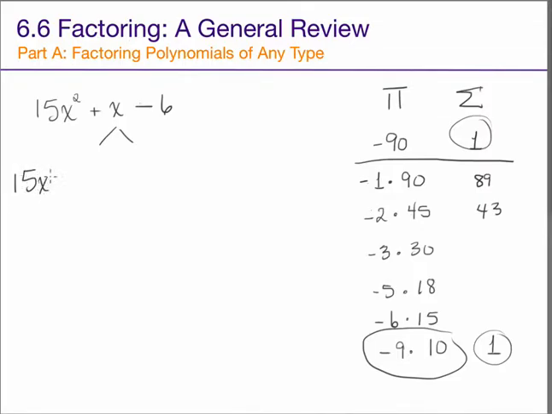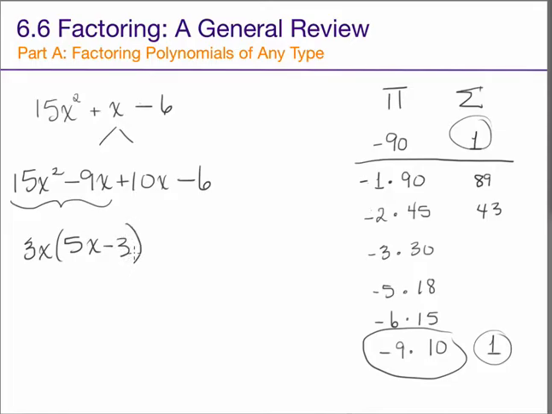Rewriting my expression, but rewriting the middle term as minus 9x plus 10x, I get this. The greatest common factor of these two terms is 3x, and what's left over is 5x minus 3. Bring this sign down.